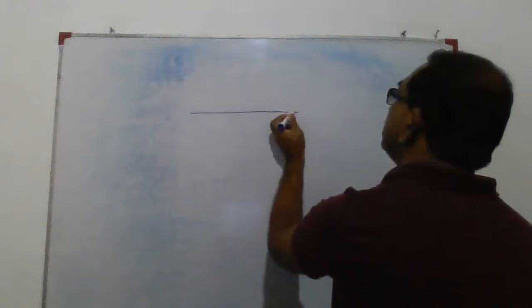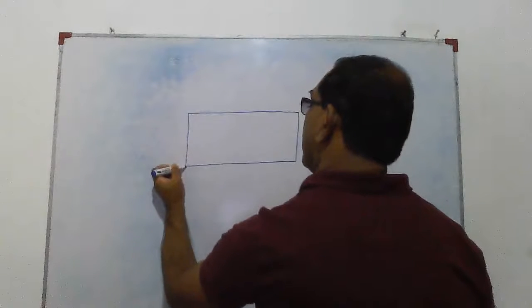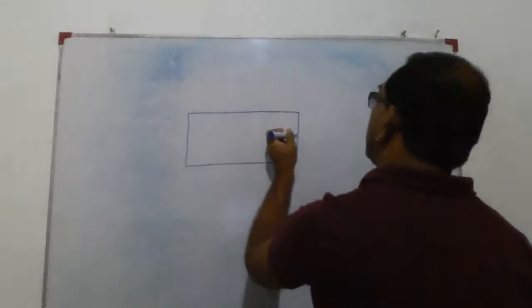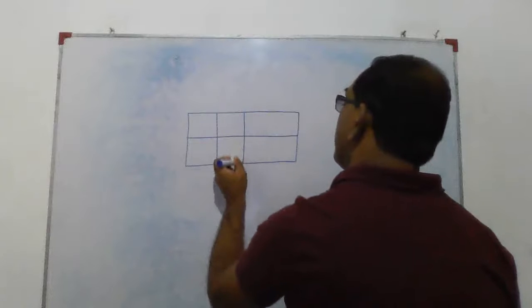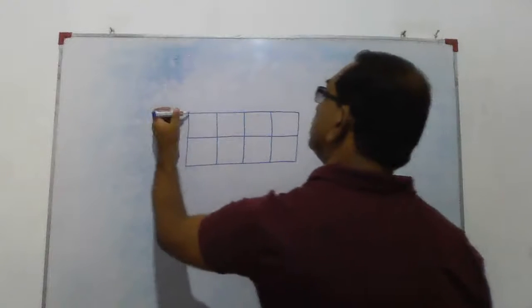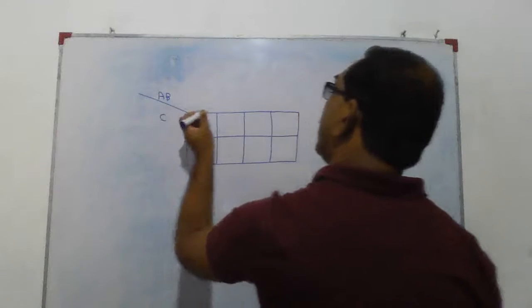Yeah, I take 3 variable. Three variable K map here. We have 2 rows and 4 columns. Then I say A and B and C.